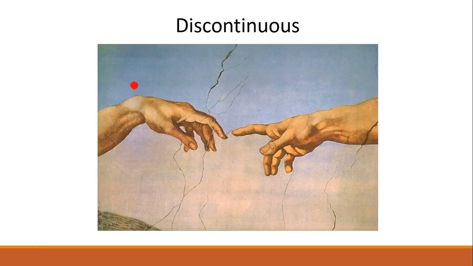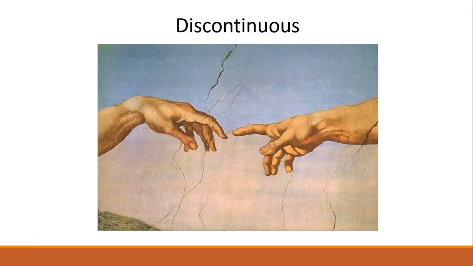In other words, if we try to take a marble and roll it from one hand to the other, we've got a problem at the gap. The marble's just going to drop off. We can't get from one hand to the other. So we have, in essence, a hole in our hands, and that hole allows the marble to drop through.